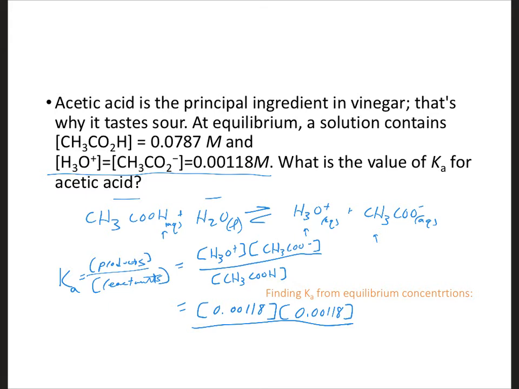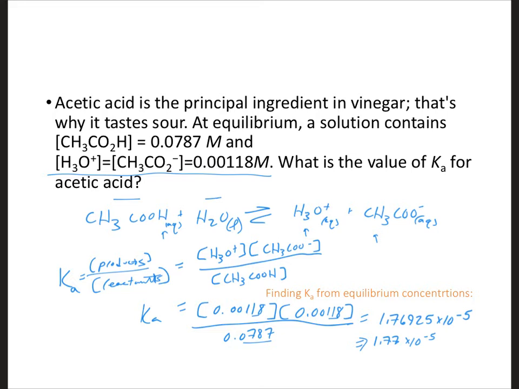And then for the starting material, those reactants, we started out with 0.0787 molar acetic acid. Our calculator is going to give us a number like 1.76925. That's not keeping track of our sig figs. We have 3 sig figs in the numbers that we were working on, so let's change that to 3 sig figs: 1.77 times 10 to the minus 5.